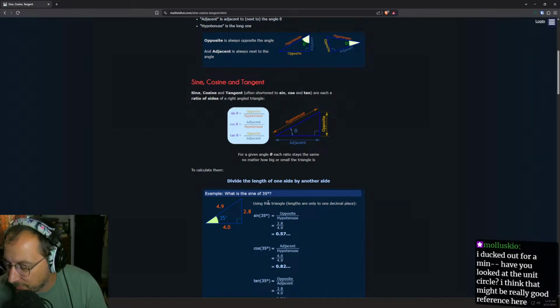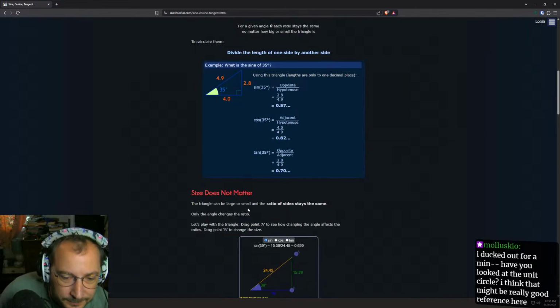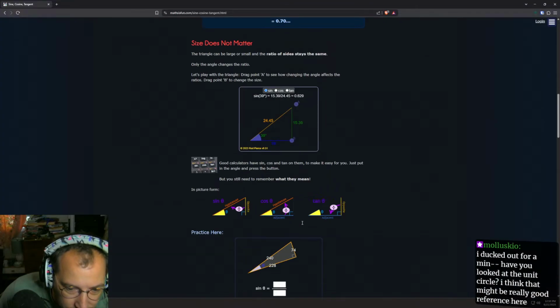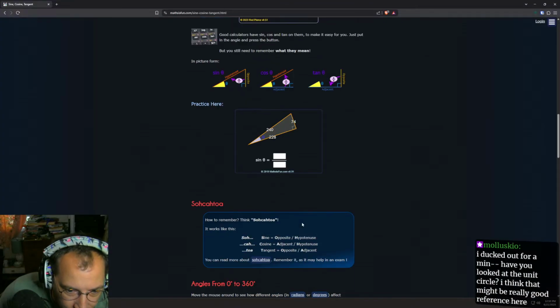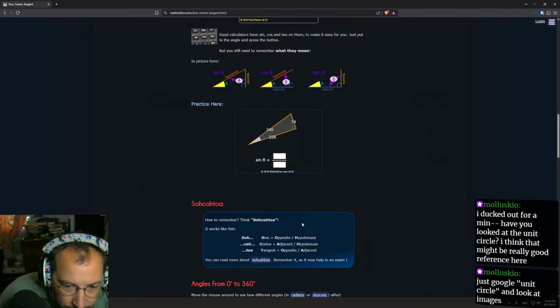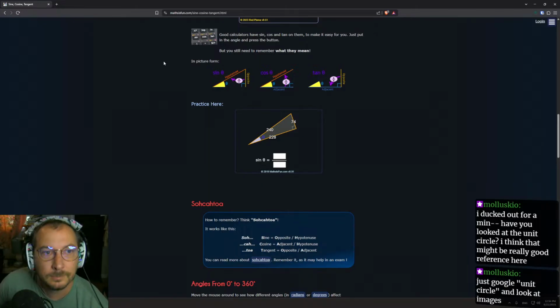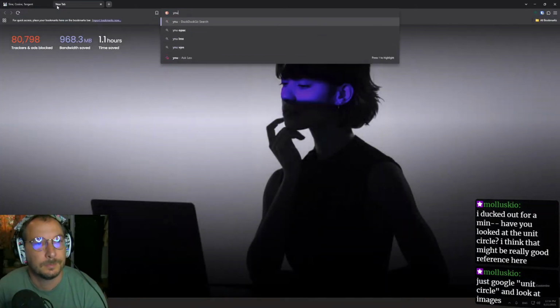Have you looked at the unit circle? I think it might be a really good reference here. Do you have a, what do you mean by that? Unit circle.